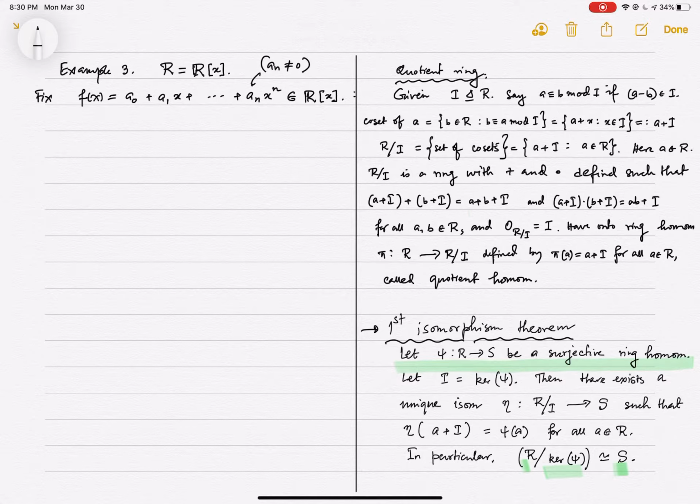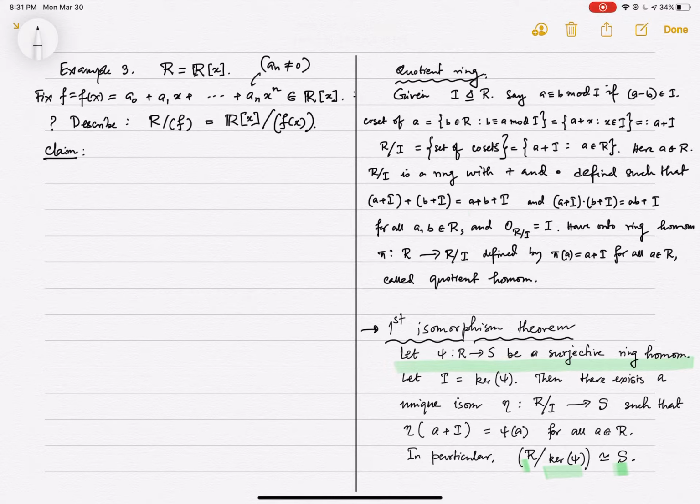And the question I want to address is: describe R[x] mod f. Or if you will, sometimes we write f, sometimes we write f(x), means the same thing. Okay, it's not pretty clear what this question even means, but here is what I want to actually prove. And this claim actually gives a description.